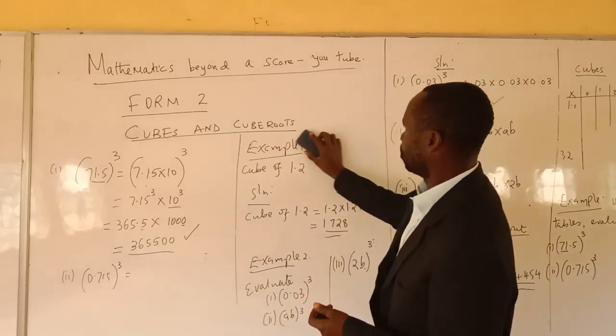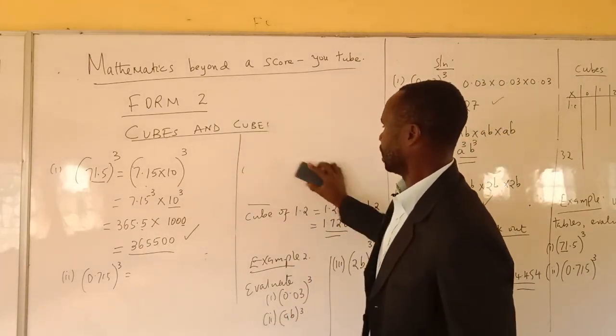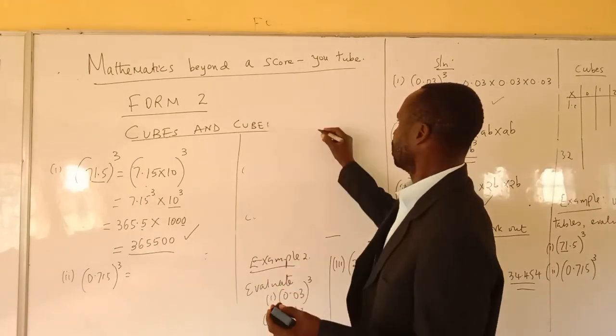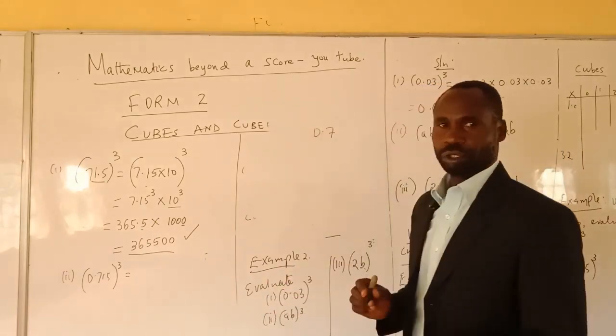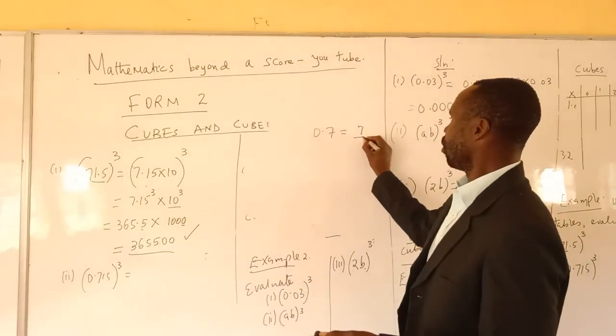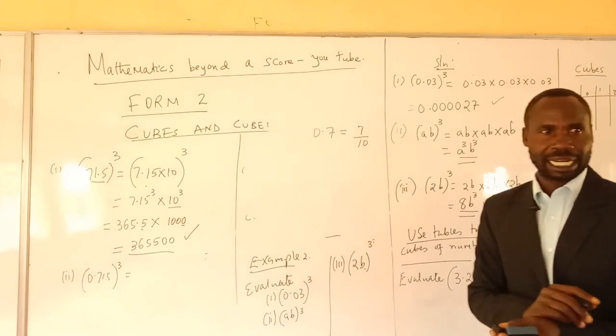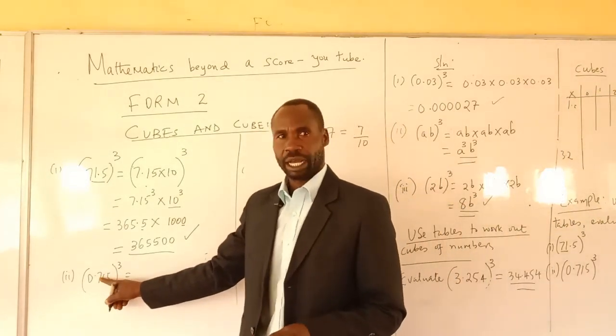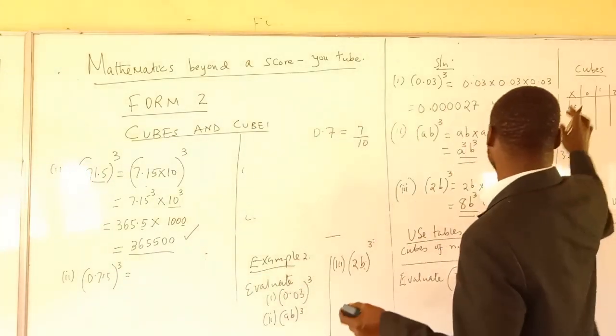Our teacher told us to make 0.7 as a fraction. Our teacher told us it is 7/10. We used to write that and we used to enjoy. So I want the decimal point to come here so that I can read it from our tables.